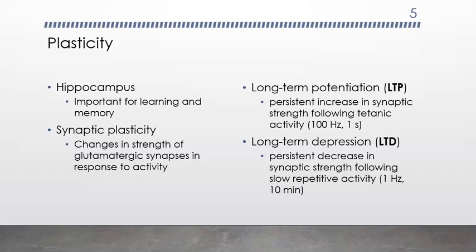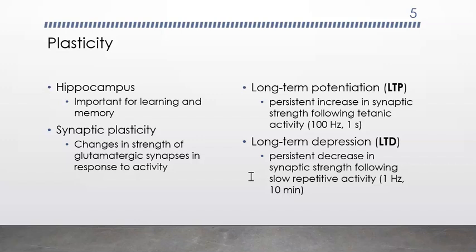So long-term potentiation is one option. The other option is long-term depression. Okay, so these are the two types of synaptic plasticity that's possible. So long-term potentiation is an increase of the synaptic strength, and long-term depression is a decrease in the synaptic strength.